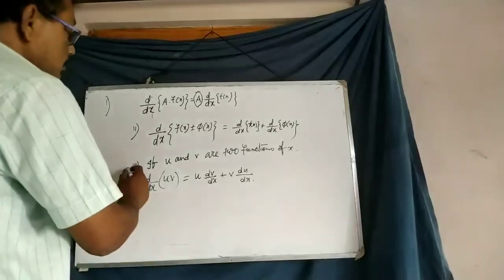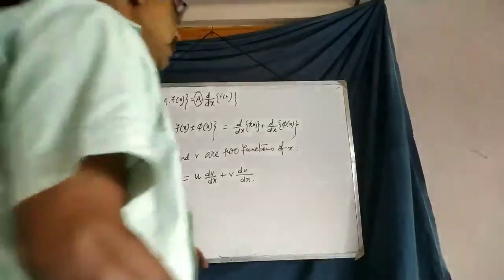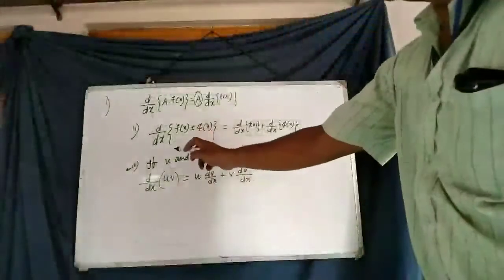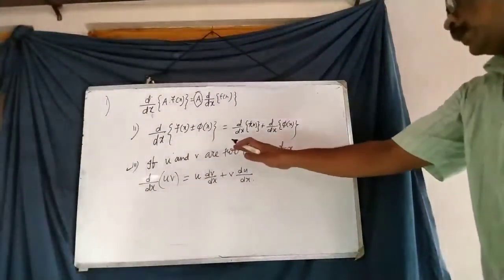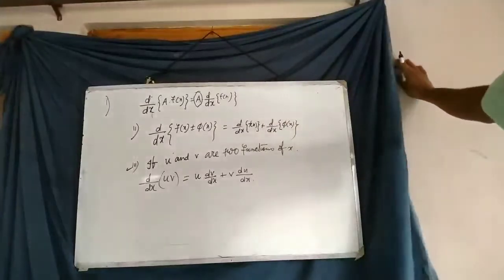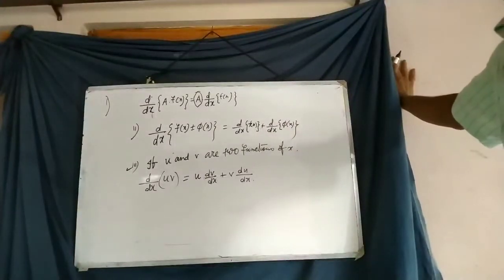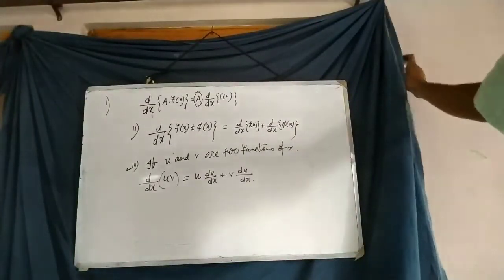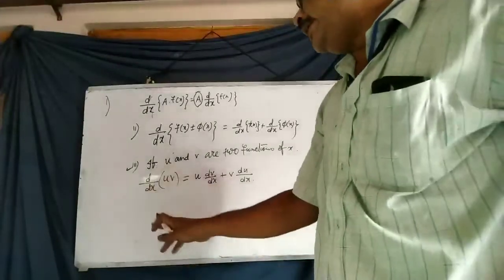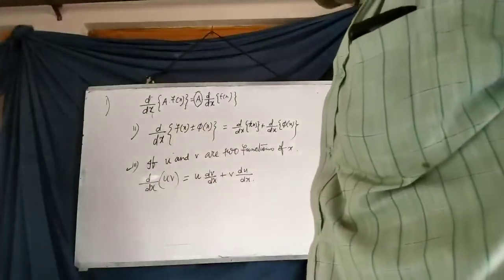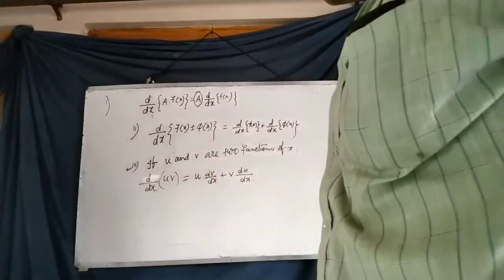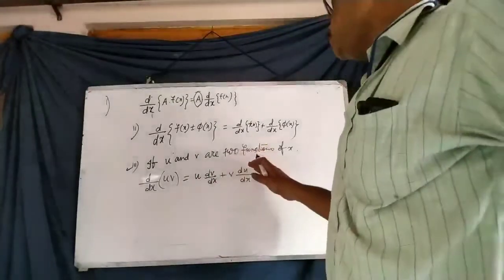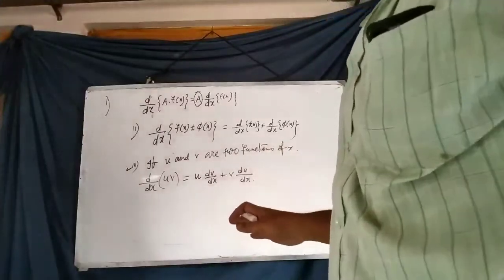Watch it again. If u and v are the two functions of x, then the derivative of their product, that means d/dx of uv, is equal to u into dv/dx plus v into du/dx.